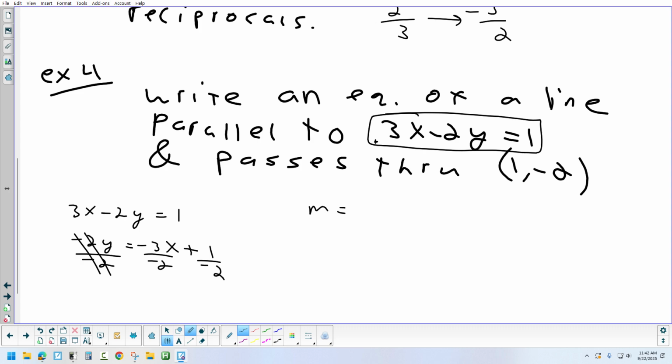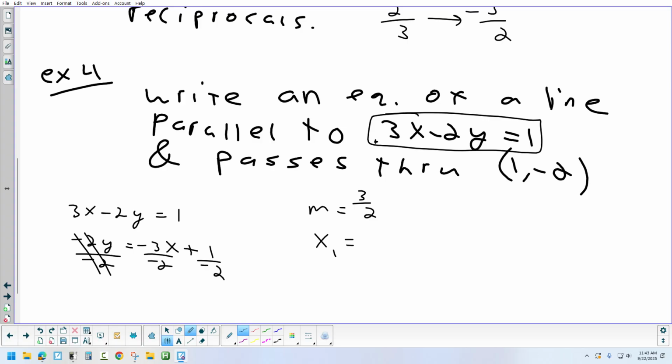What's the slope of the line that they gave me? 3/2. Yep. So the slope is 3/2. What's the x value of the point that they gave me? 1.